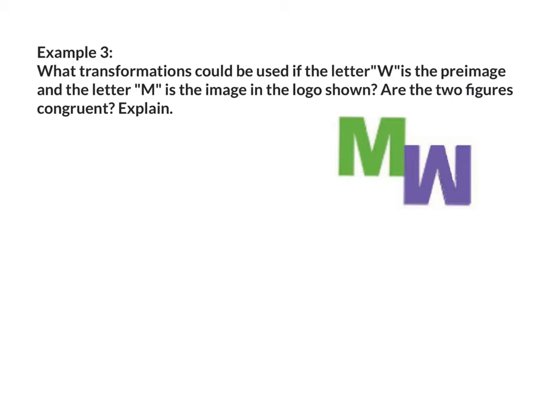Now I'm going to try to rotate my image to form my preimage. So I'm going to rotate 180 degrees clockwise. Now remember, clockwise means to the right, and 180 degrees means 2 turns. So let's try it. So this is turn 1, this is turn 2. And it does work.